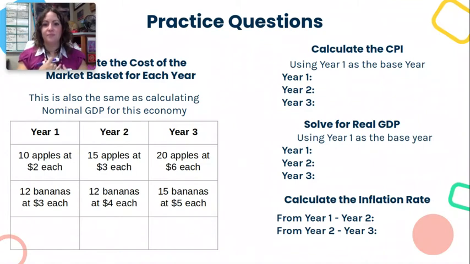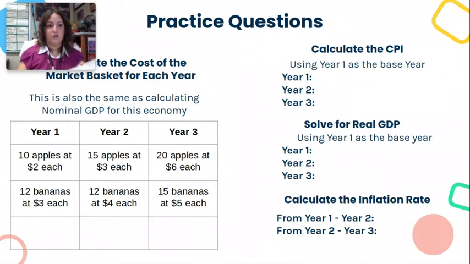To calculate CPI, you're going to be using this equation. The CPI is equal to the market basket price of the year you're talking about, divided by the market basket price of the base year, multiplied all times 100, and you're going to get CPI.